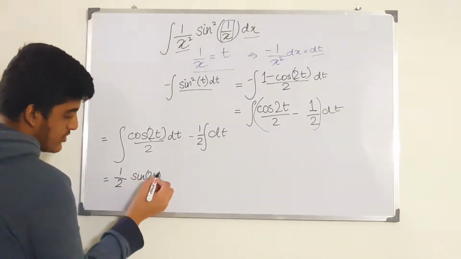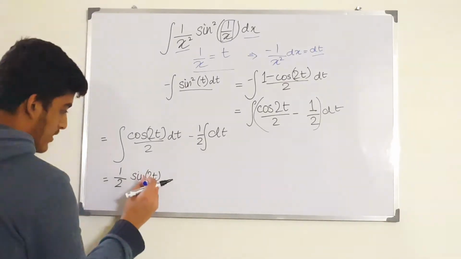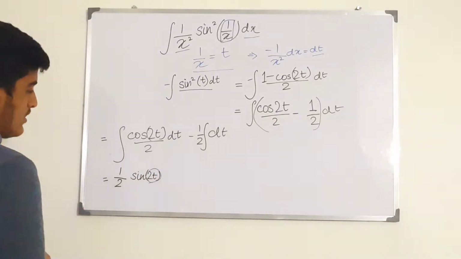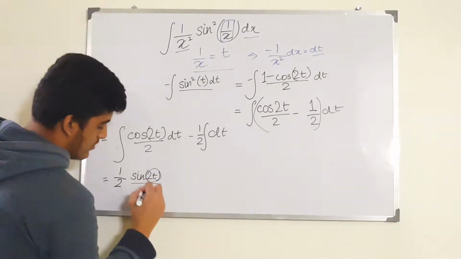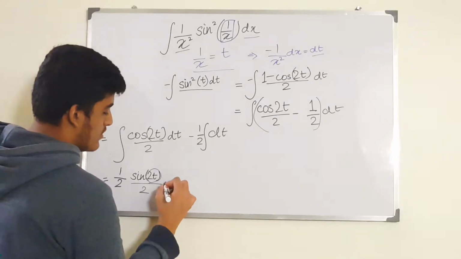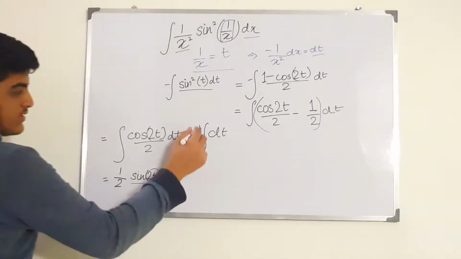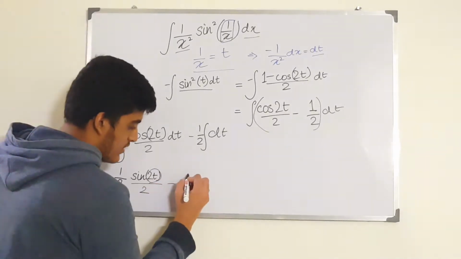And then we differentiate this variable, and we put the value in the denominator. The integration of half dt is half t.